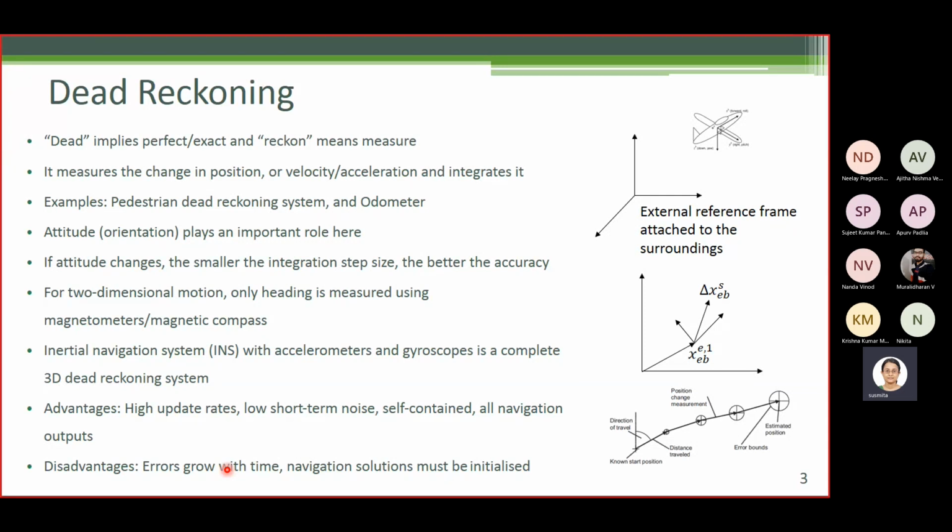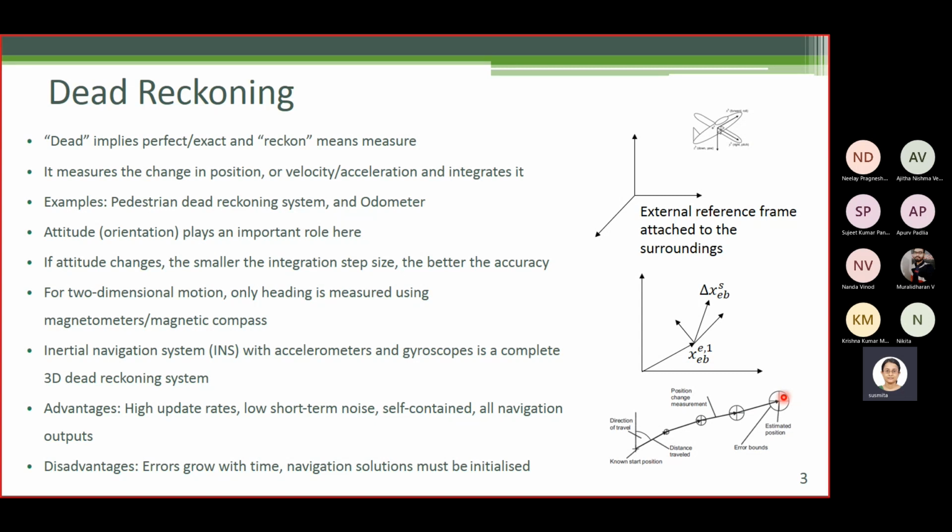So what will happen? The resulting change after the vector addition will have more error, which is pictorially shown here. As we keep integrating, this circle shows the uncertainty. The error circle grows in size, which means errors grow with time.